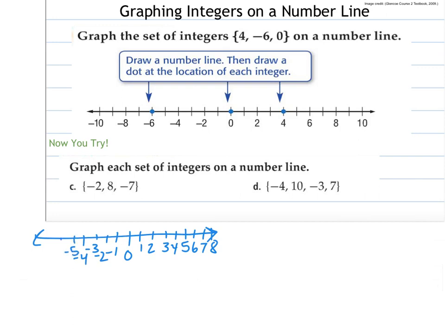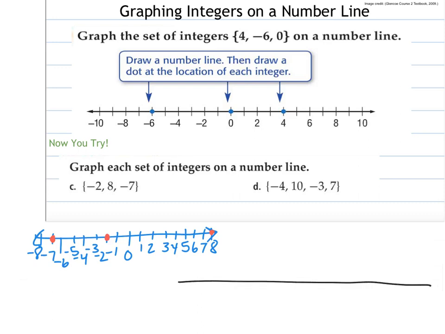Negative 4, negative 5, negative 6, negative 7, negative 8. So plotting them, negative 2, well, that is right here. 8 is all the way up here, and then our next one, negative 7, is here. Okay, try the next one on your own. Make a number line and then plot them.